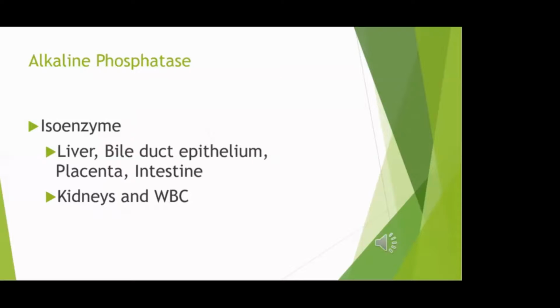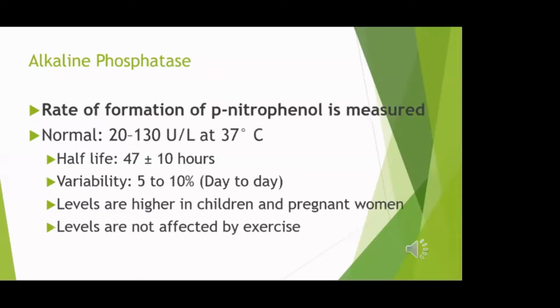Next is alkaline phosphatase, which is not always routinely ordered, but is still often ordered. It is an isoenzyme that can be found in the liver, the bile duct epithelium, the placenta, the intestine, the kidneys, and the white blood cells.